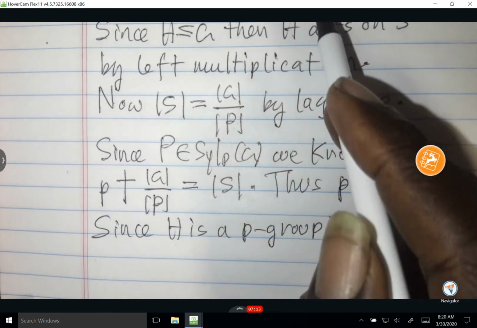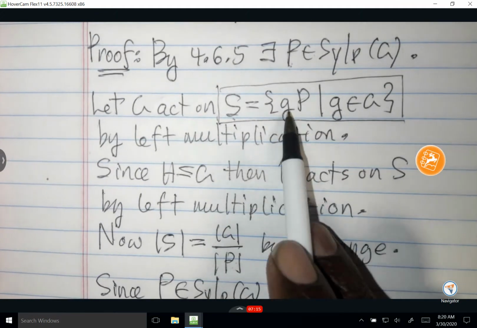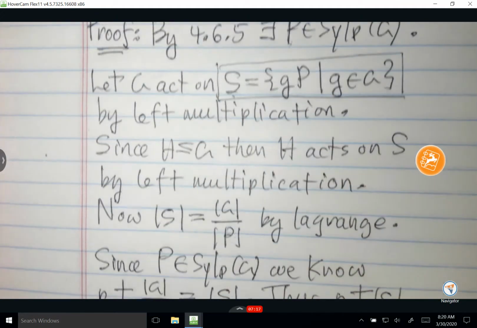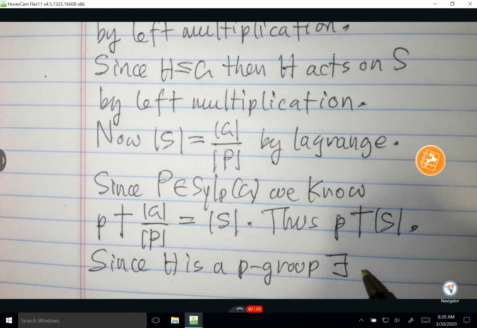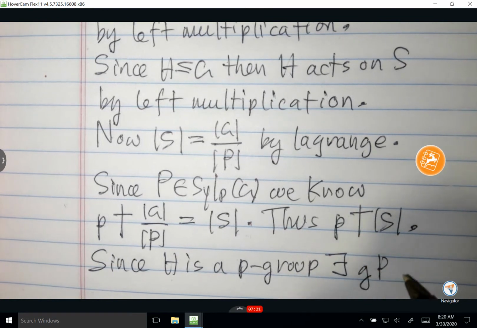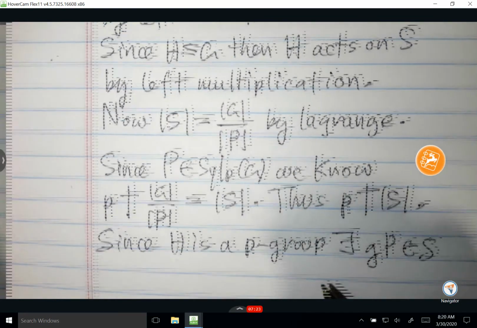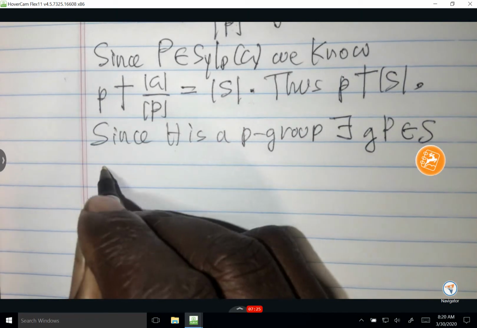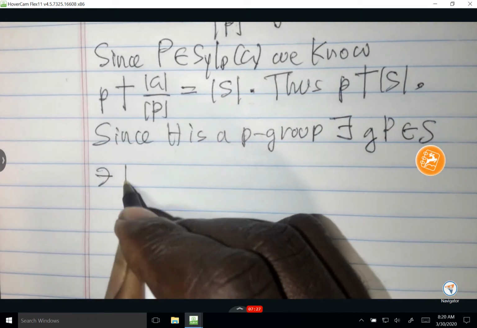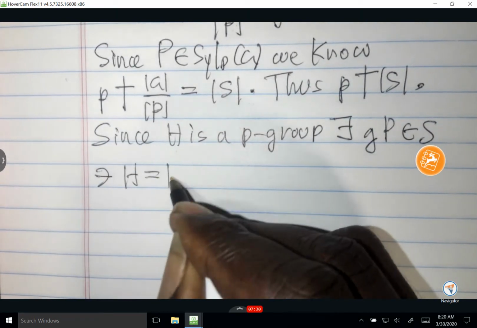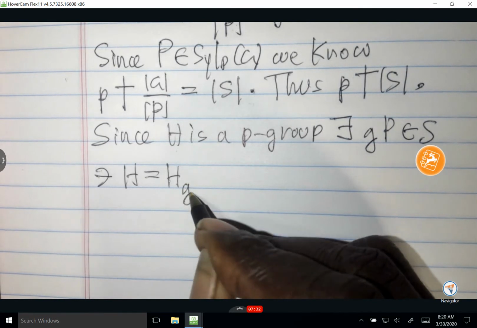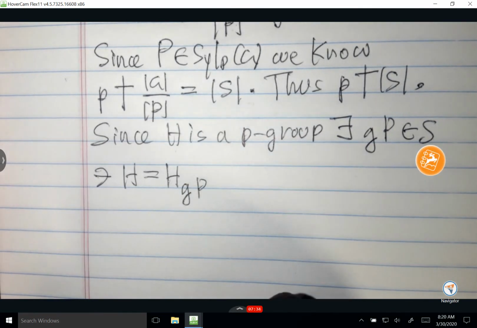Now the things in S are cosets, as you can see here. So there exists a left coset of P in G in S, such that H is equal to the stabilizer in H of that left coset.